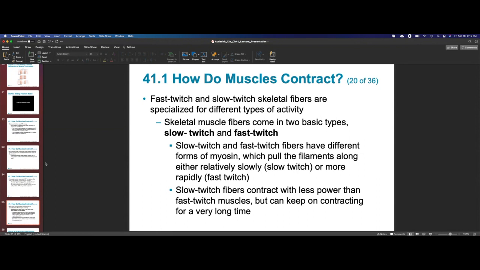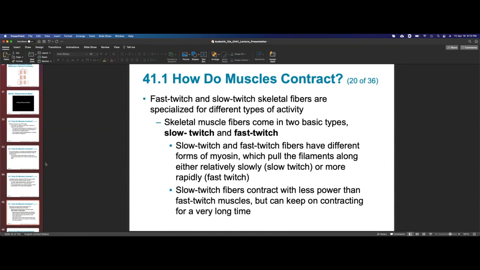They're designed a little bit differently, but the slow twitch ones have the same basic sliding function, but at a relatively slow pace. And the fast twitch ones have a faster, higher intensity pull.